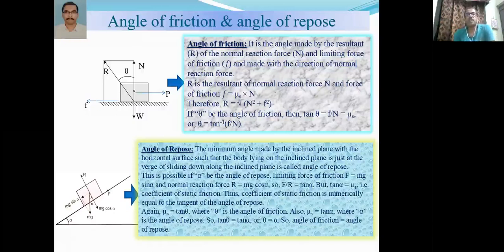Again, from the previous angle of friction, mu s equals tan theta, where theta is the angle of friction. Also mu s equals tan alpha, where alpha is the angle of repose. So tan theta equals tan alpha, or simply theta equals alpha. So we get angle of friction equal to angle of repose.